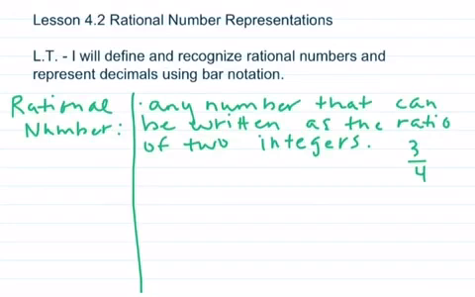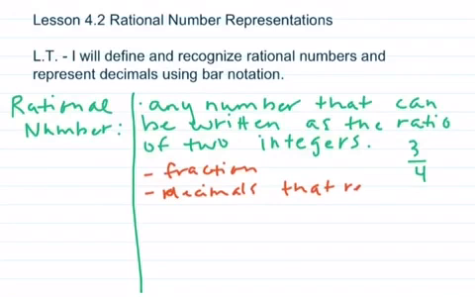So we're going to say rational numbers can look like fractions. They can look like decimals that repeat, and we'll talk about that in a moment.